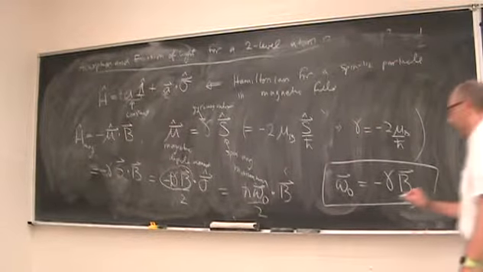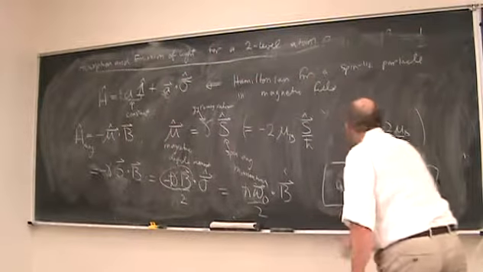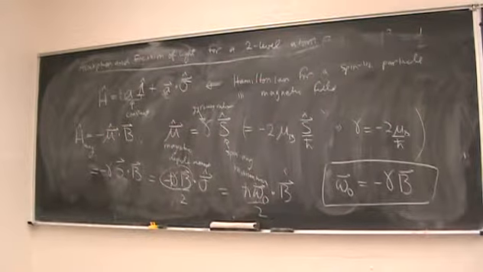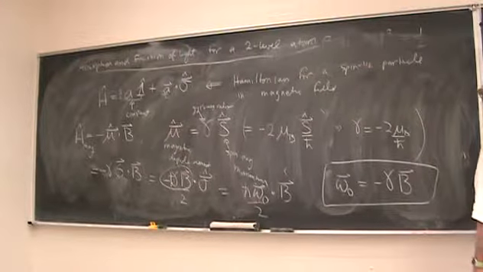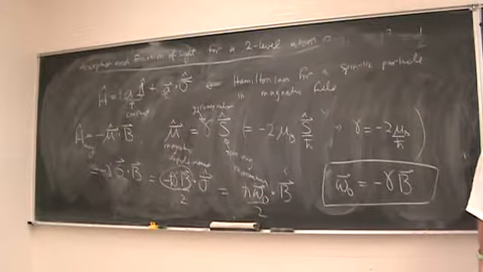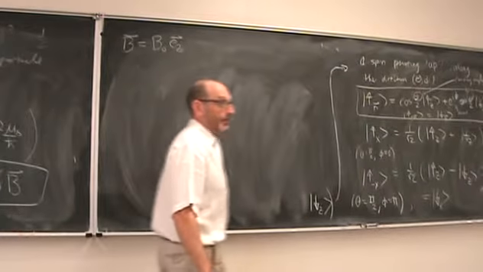Okay, so omega naught. So let's look at this in a specific example. Let's say we call B some magnetic field in the Z direction.